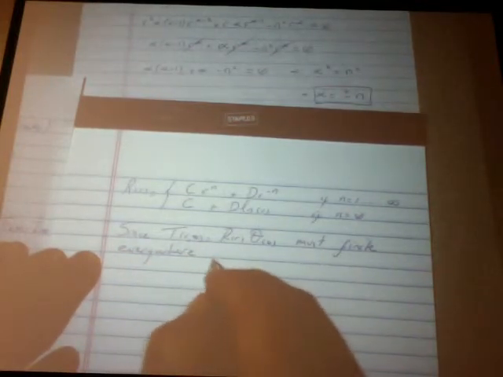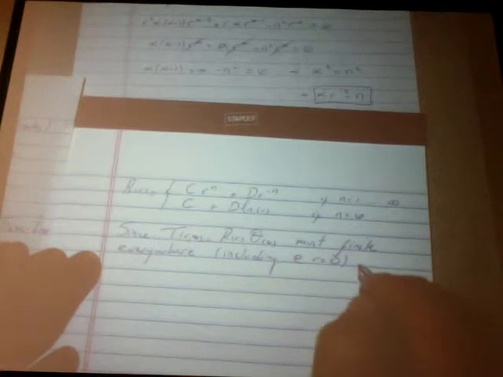So since temperature of R and theta, which is, remember, R of R times theta of theta, must be finite everywhere, then that's including at R equals 0, then D must be equal to 0.